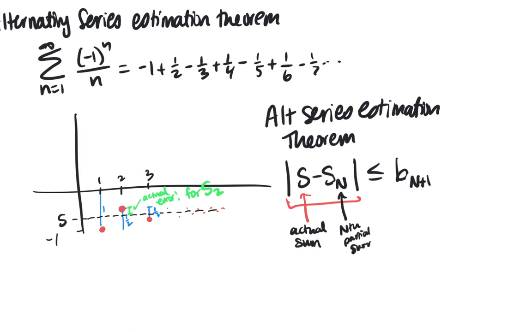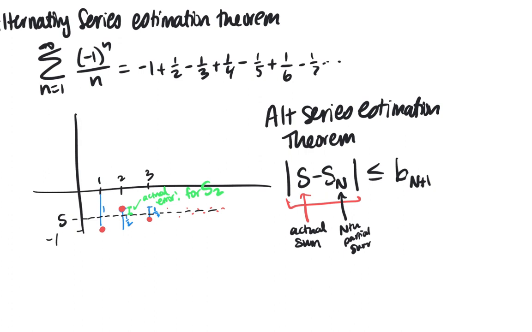So if I subtracted them and took the absolute value, that would be how far off is my nth partial sum from the actual sum? In other words, how close am I? If I add up the first n terms, how close is that to the actual sum if I added up infinitely many? And what this is saying is that the difference between those two is going to be less than or equal to the next term.